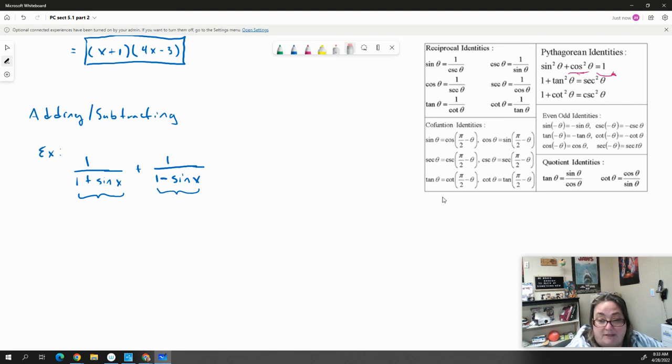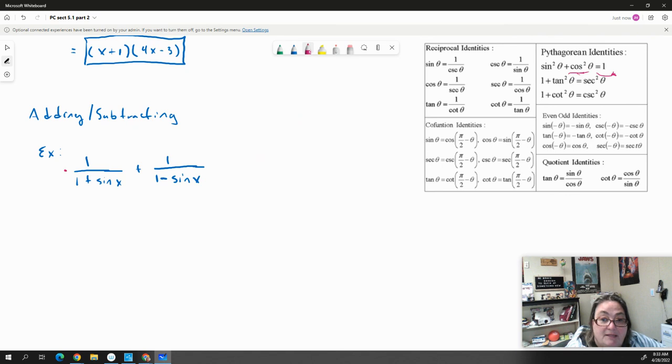is erase all this stuff I just did, and I can multiply both sides by what the other side doesn't have, right? So this is 1 plus sine x. This is 1 minus sine x.